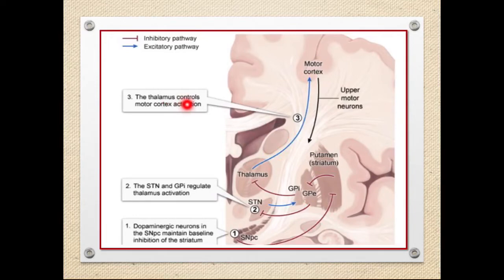The thalamus controls motor cortex activation, and ultimately the planning, programming, and how much movement should be there, balance between the movement, it should neither be hyperkinetic nor hypokinetic, and this balanced blueprint of the movement is conducted via these pathways, the corticospinal pathway, these upper motor neurons. It will travel via this internal capsule and go to the spinal cord, right?